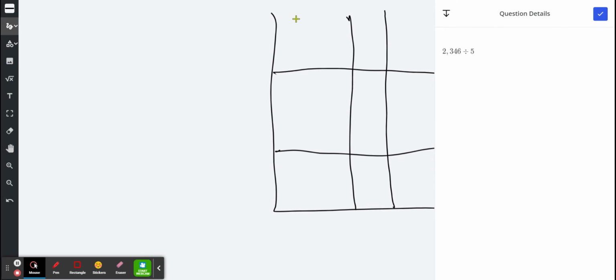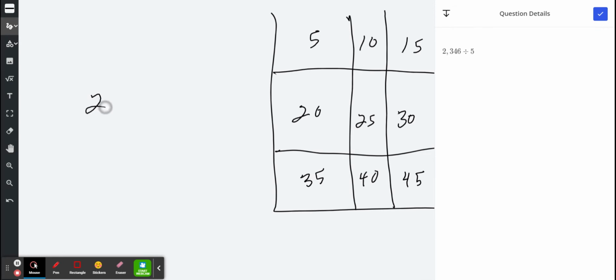So instead of doing 5 times 1 and 5 times 2 and 5 times 3, since 5 is so small, I'm just going to skip count. 5, 10, 15, 20, 25, 30, 35, 40, 45. Okay, and now I'm going to set up the number that I'm dividing into, 2,346.